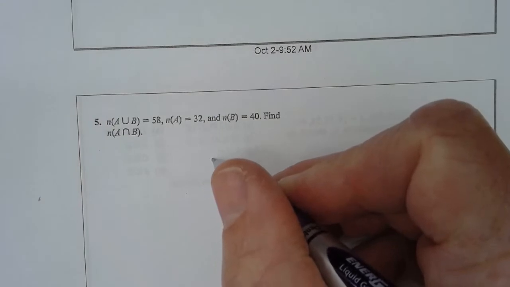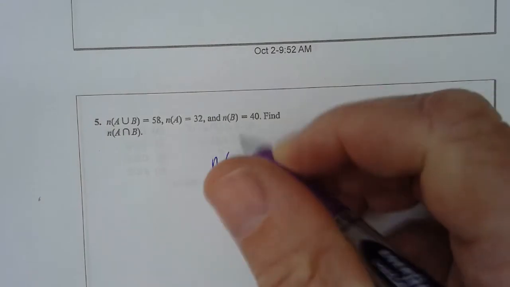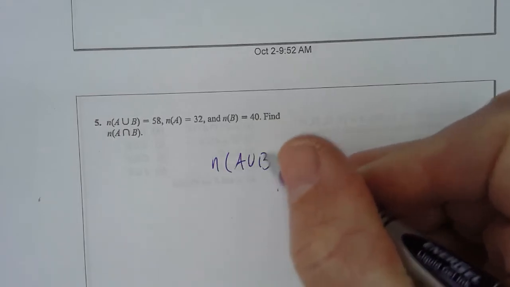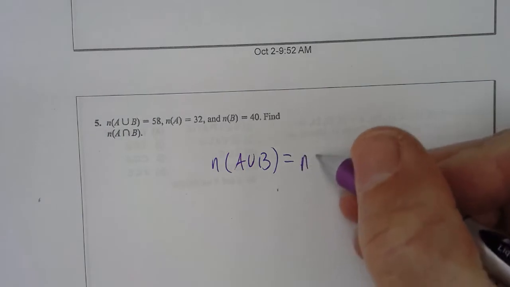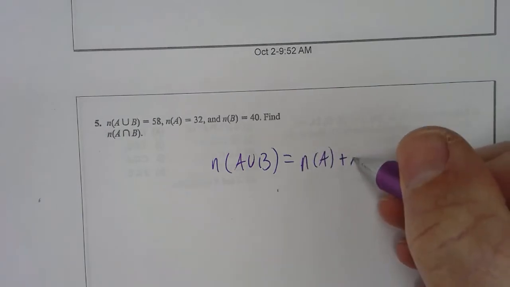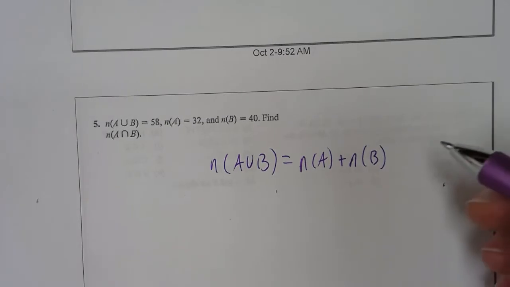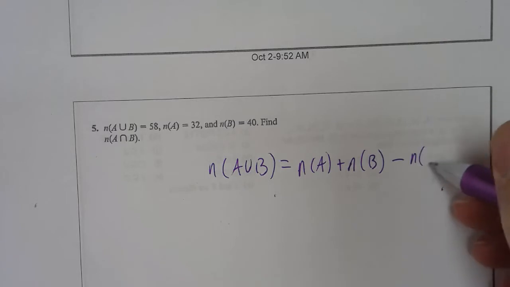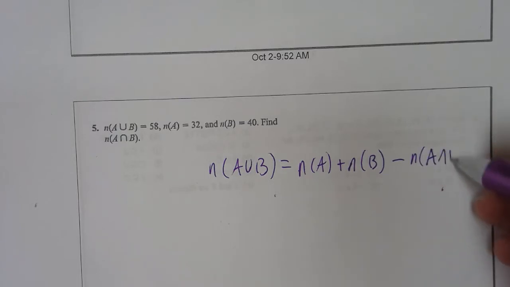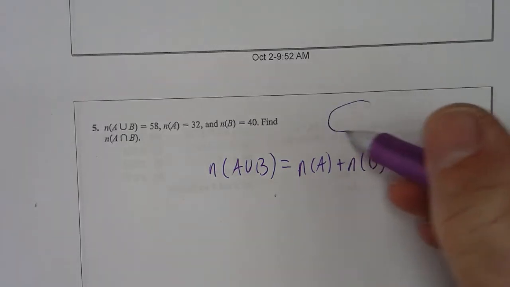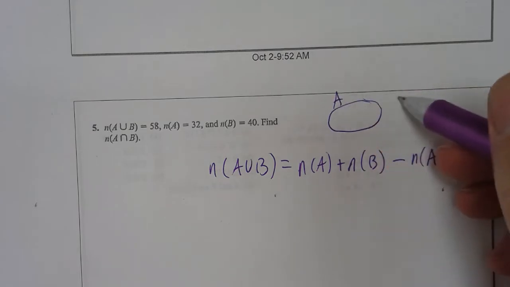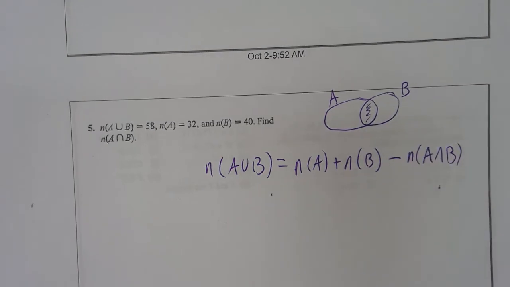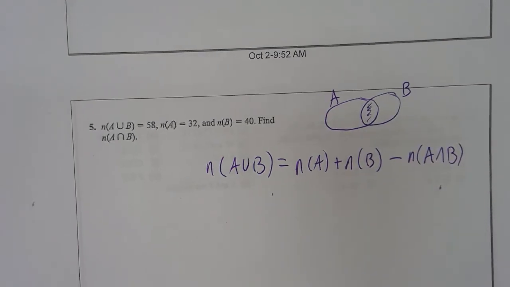The number in A union B is equal to the number in A plus the number in B, and then you have to subtract out the intersection, the number in A intersect B. So basically what this is saying is if you have A, you count all the A, and then you count all of B, you've counted that area twice. So you've got to subtract it out once. So the formula works for this one.